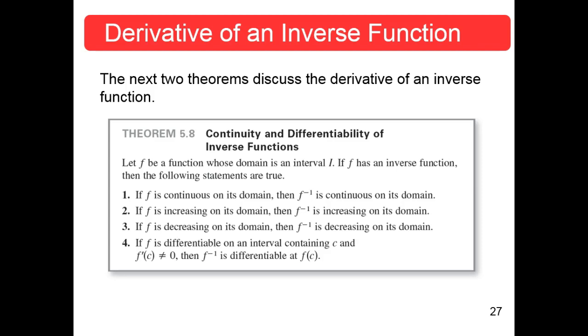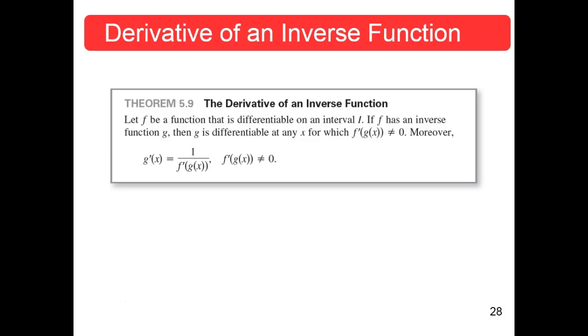If f is continuous, then f inverse is continuous. If f is increasing in the domain, f inverse is increasing on its domain. If f is decreasing in its domain, f inverse is decreasing on its domain. If f is differentiable on an interval containing c, and f prime of c is not equal to 0, then f inverse is differentiable at f of c. Well, that's a new one you wouldn't have had in pre-calculus algebra.